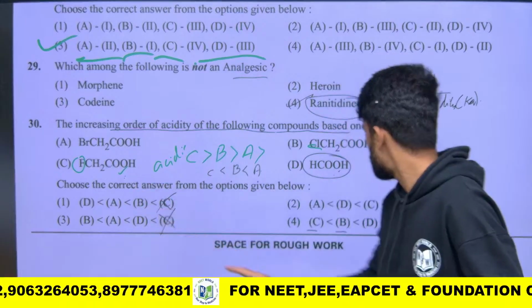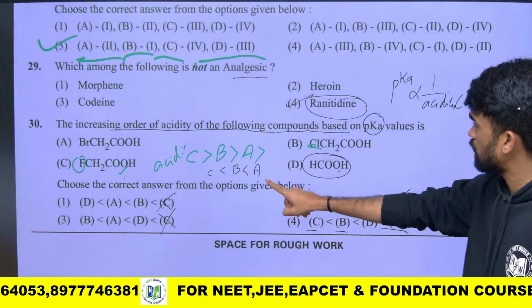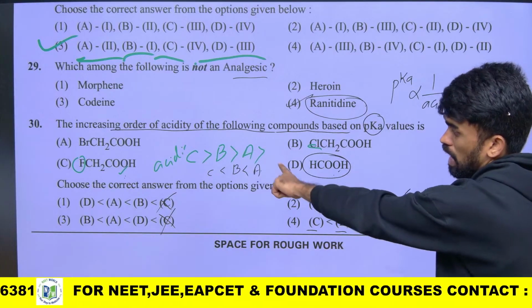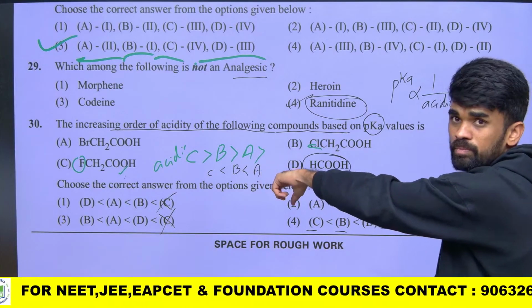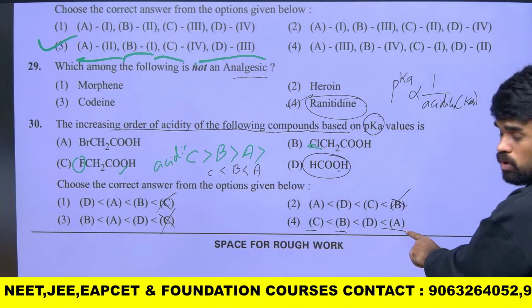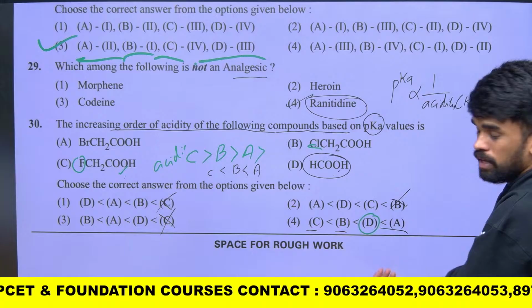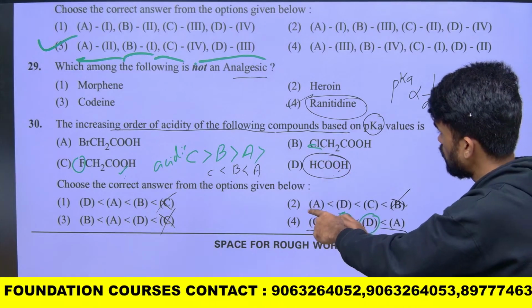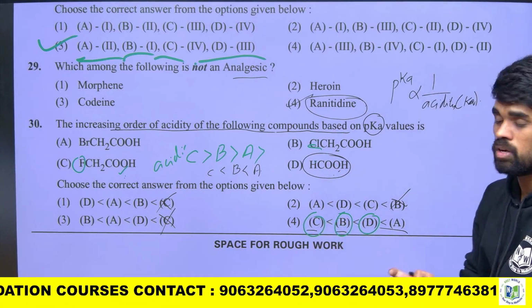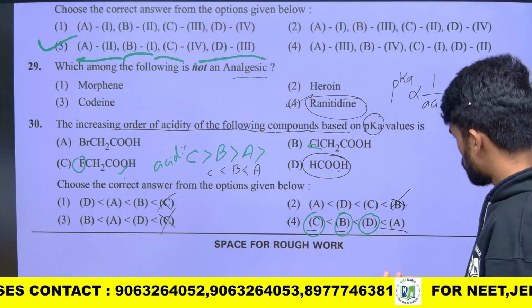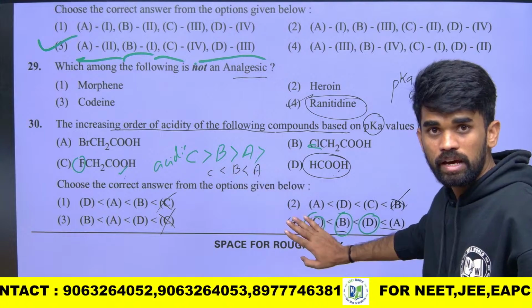So from that I can say A has the maximum pKa value and minimum acidic nature. That's why I have brought A here. Then next they have included B, D, and then B, and C is least, which means it is more acidic. I hope this is clear, right? Based on this order only I have arranged them.